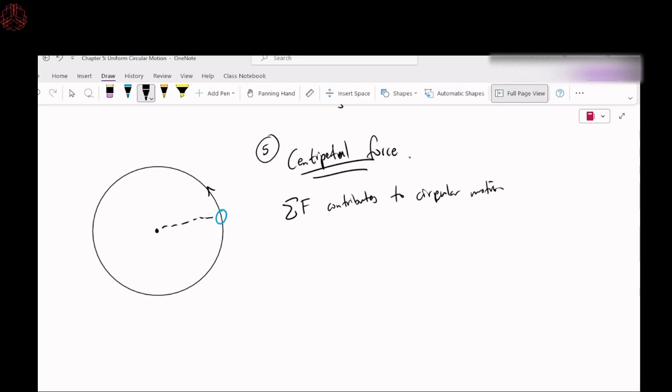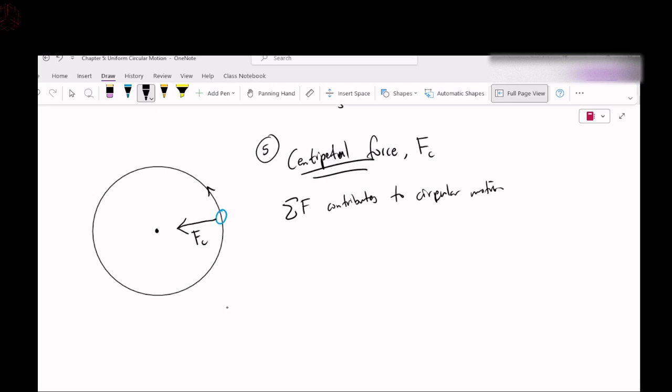Generally the symbol that we'll use is FC, just to label that. Its direction is going to be towards the center. So FC is going to be towards the middle.